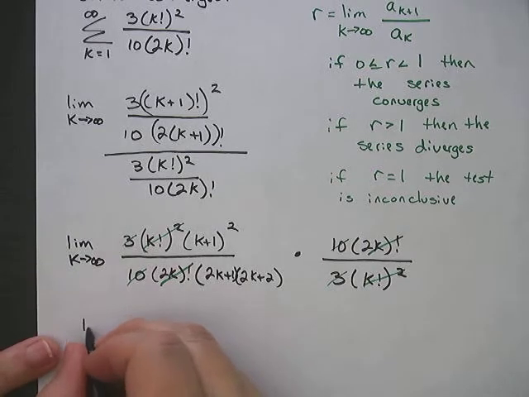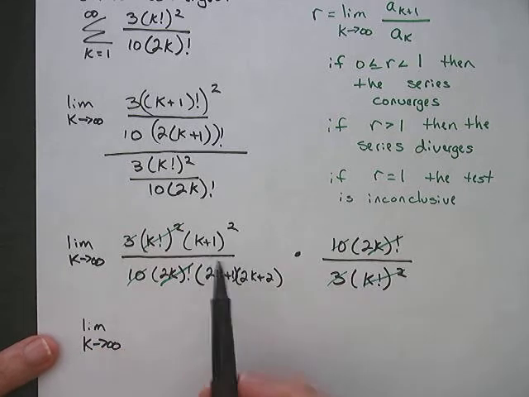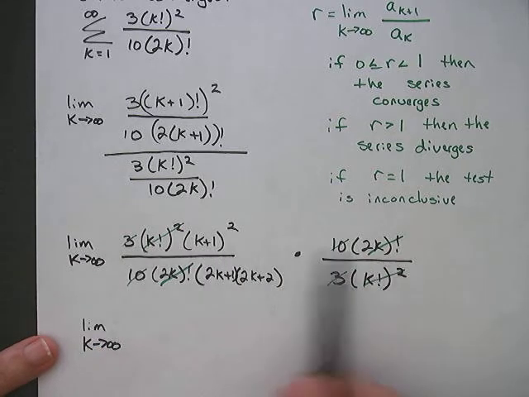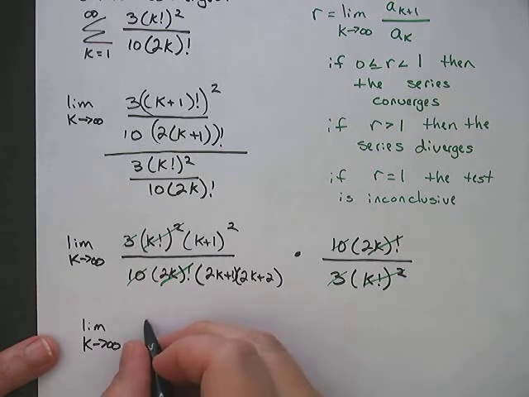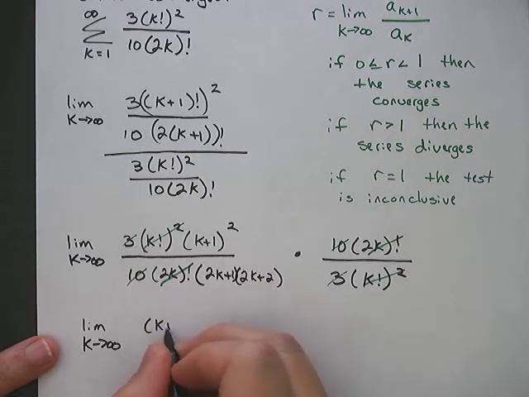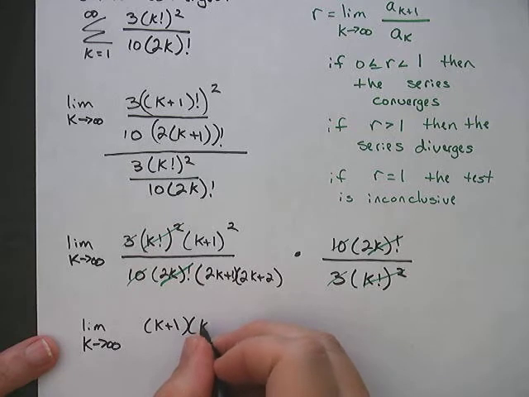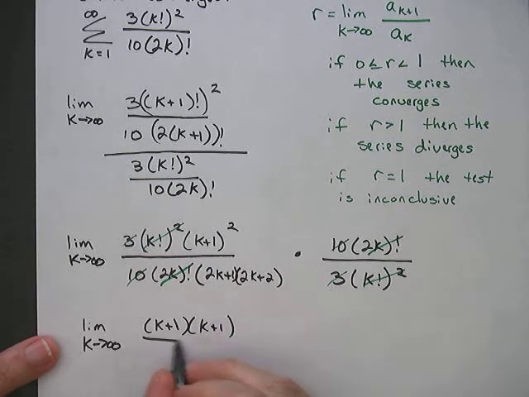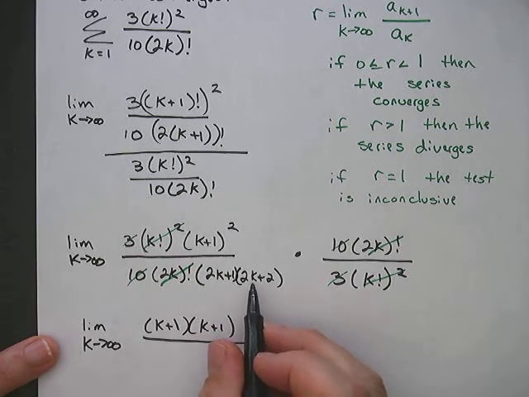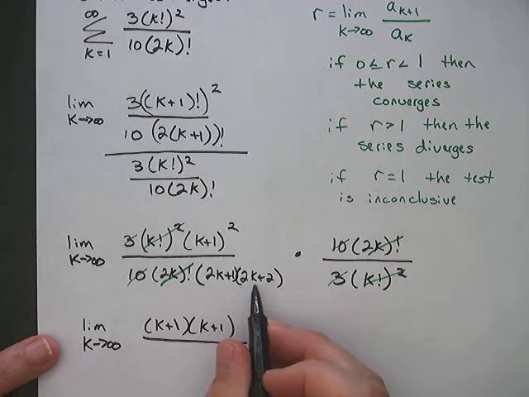So let's write down what we have left. Okay, so in the numerator, this is the only term that hasn't been canceled. So it's k plus 1 squared. I'm going to write it out as k plus 1 times k plus 1, which is the same thing as k plus 1 squared. And on bottom, I'm going to do a little work on that too. You see this term 2k plus 2?